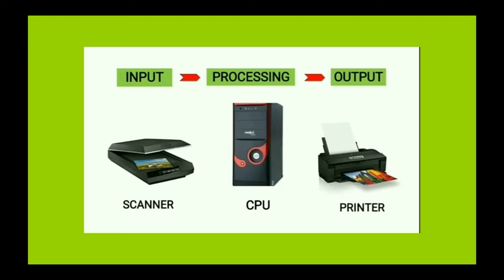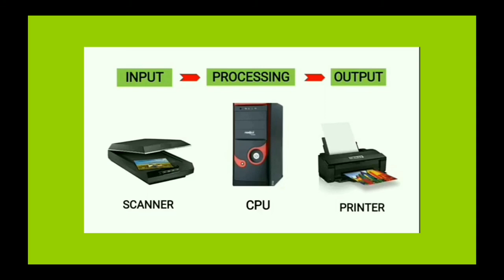So, when we scan any photograph, drawing, document or logo with the help of a scanner, the scanner takes in the input and sends it to the CPU, the Central Processing Unit of the computer. There in the CPU, the processing goes on, and once the input is processed, the CPU sends it to the output device.